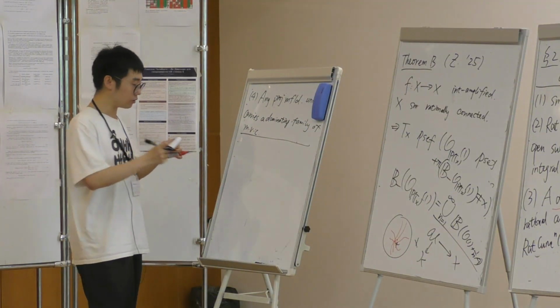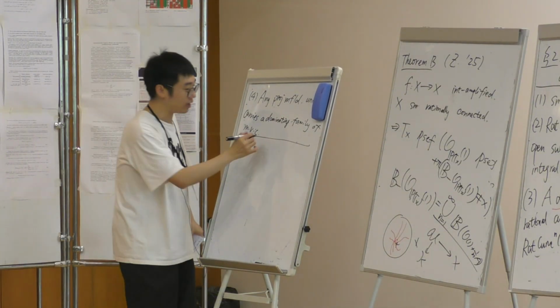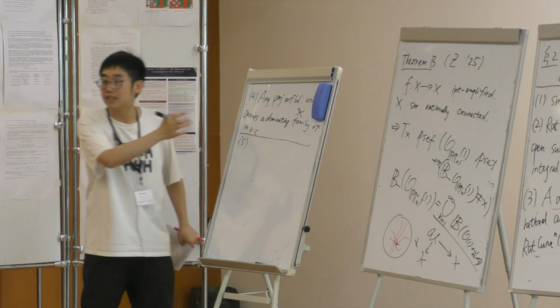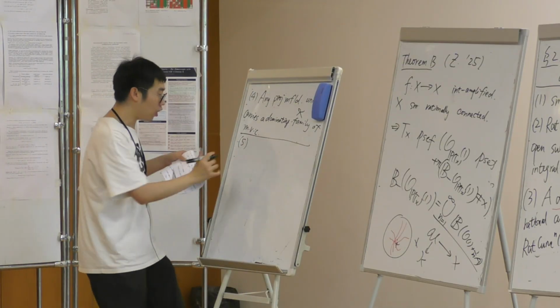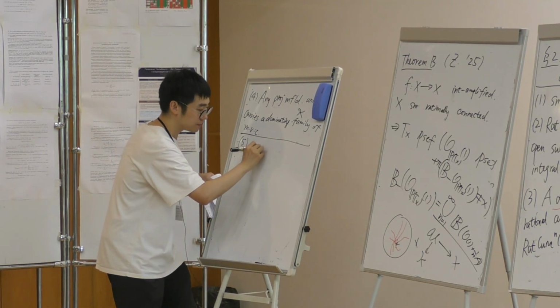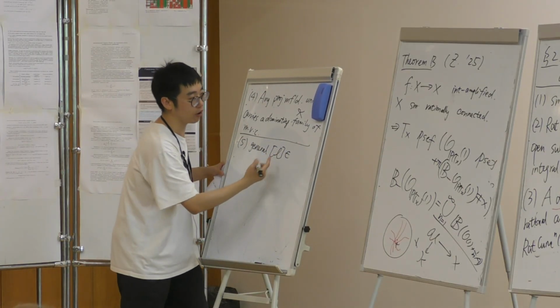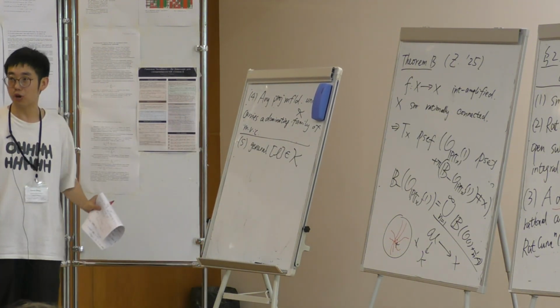Okay, let's continue. In the following, I always use this K to represent a dominating family of minimal rational curves. For a general element L in the family K, it satisfies a very good property.